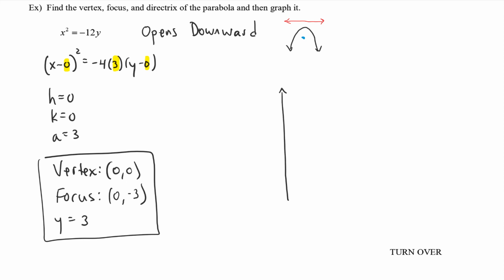So let's go ahead and graph this one. So our vertex is at 0, 0. There's our vertex, V. And then our focus is down 3.